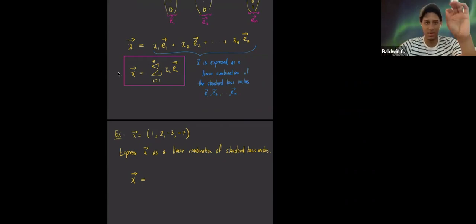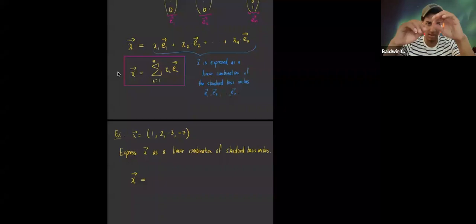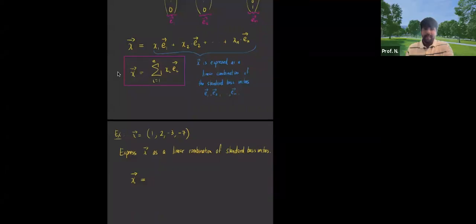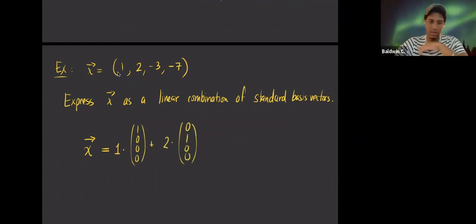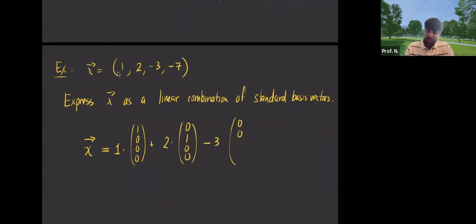Would it be like we did it before? So it would be E sub 1, 1, 0, 0, 0, plus, and so on. Yeah, that's right. So this would be 1 times 1, 0, 0, 0 plus 2 times 0, 1, 0, 0, minus 3 times 0, 0, 1, 0, minus 7 times 0, 0, 0, 1, pardon me.